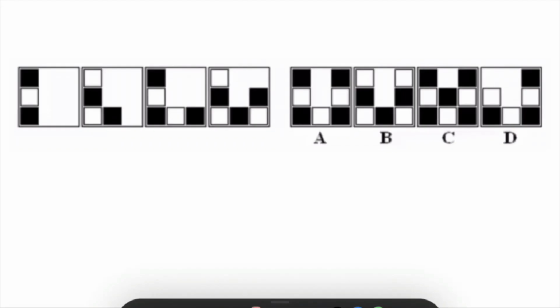So in this slide we have a question which asks us to complete the series, to find the fifth pattern. According to the sequence in patterns 1, 2, 3, 4, if we make some analysis of the relation connecting the four patterns, we can find here a black square, white square, black square.